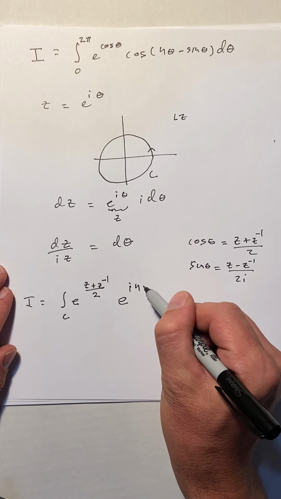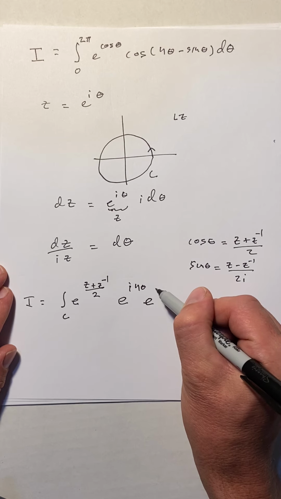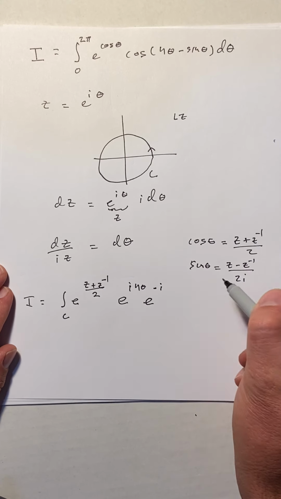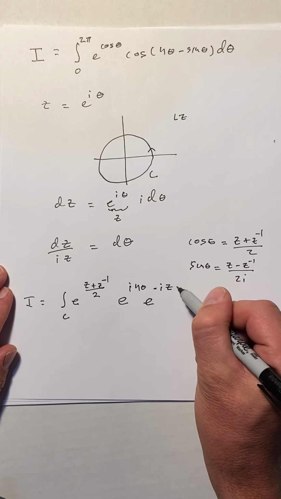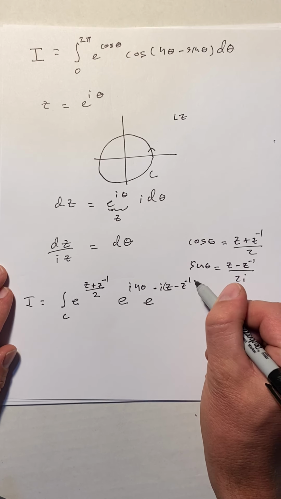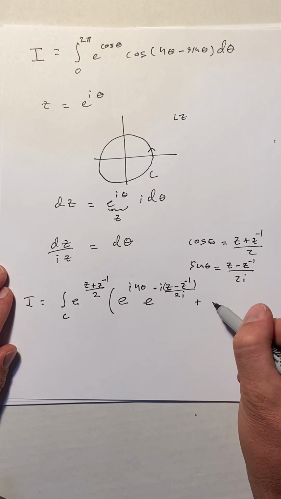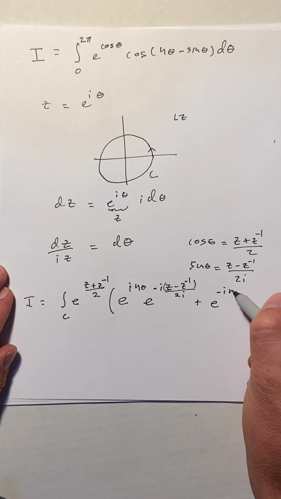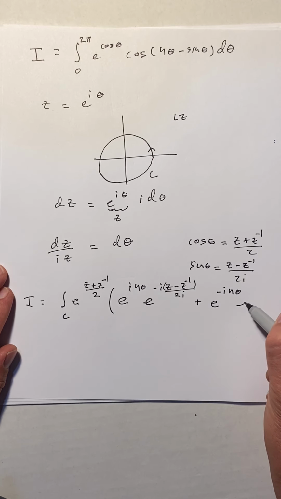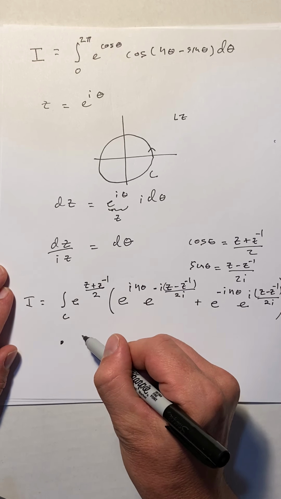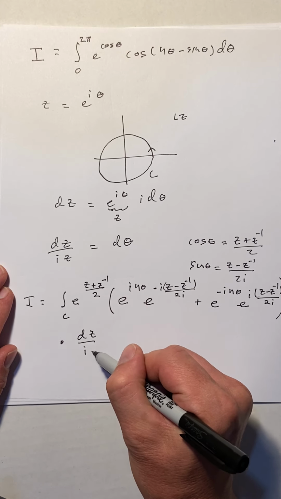So that's e to the i n theta, e to the minus i, and then sine I'm going to replace as z minus z to the minus 1 over 2i, plus e to the minus i n theta, e to the i z minus z to the minus 1 over 2i, times d theta, which is dz over iz.